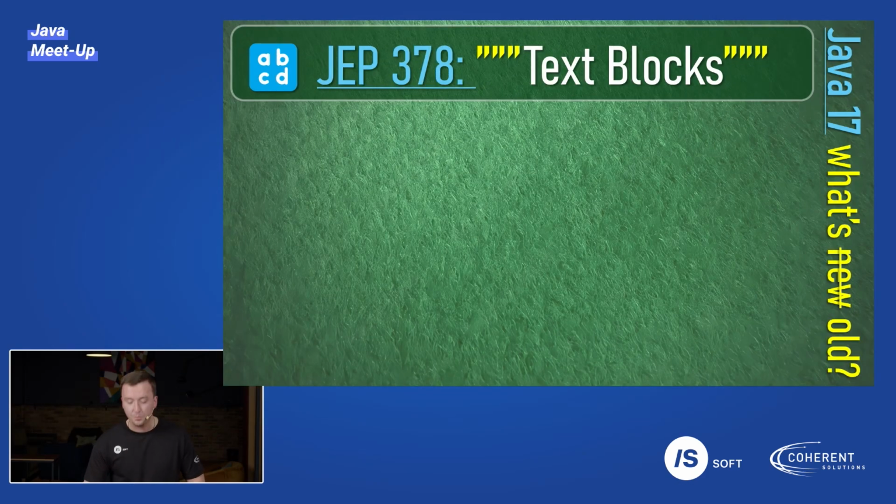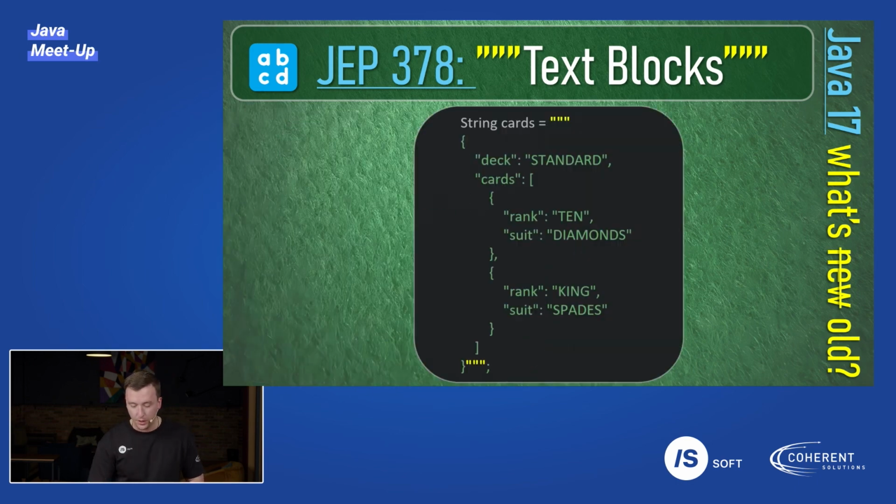Let's get started. The first feature, text blocks. This is syntax sugar that can be used if you cover your application with the testing pyramid. If you have to write unit tests, integration tests, component tests, and end-to-end tests, you have to put some input information for your controllers, for your endpoints.